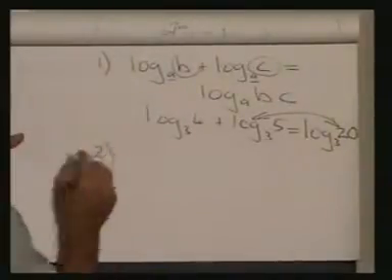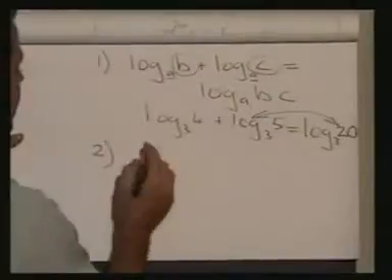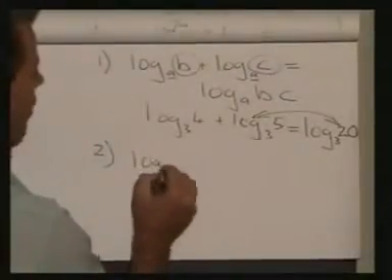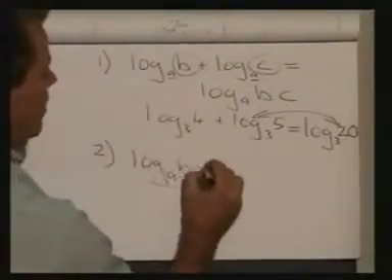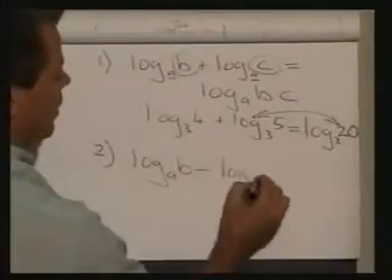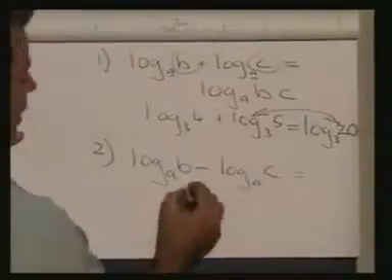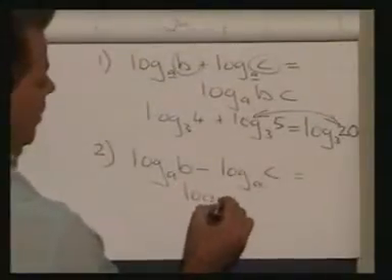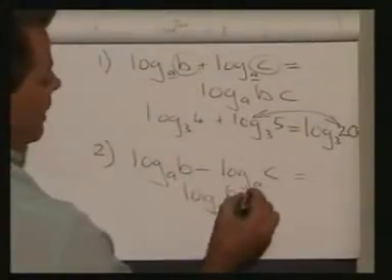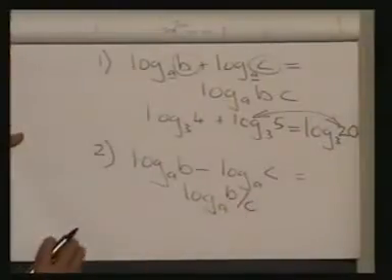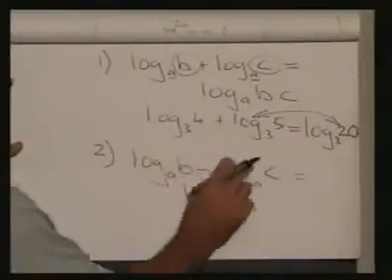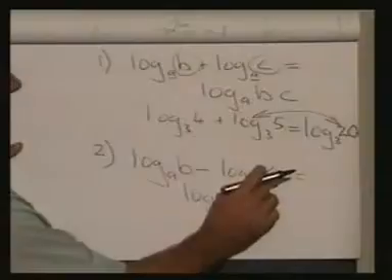The second logarithmic law is very much the same as this. We've got log A B minus log A C. This would be equal to the logarithm of A, B divided by C. Alright, that number divided by that number.